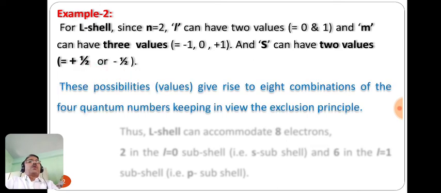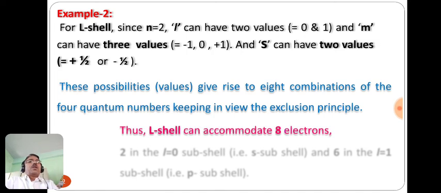These values give the combination of 8 electrons of the 4 quantum numbers, keeping in view the exclusion principle. That means 2 electrons in the 2s and 6 electrons in the 2p, so a total of 8 electrons in the second energy level.